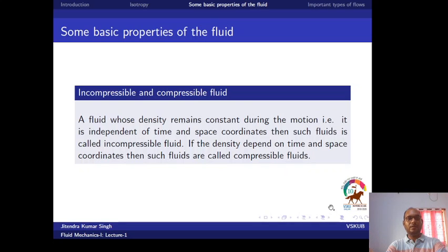Such a kind of fluid is said to be incompressible, while for a compressible fluid, the density changes from one point to another point within an instant. So we can say that a fluid is incompressible if density does not depend upon space and time, and a fluid is said to be compressible if its density depends upon space or time coordinates.